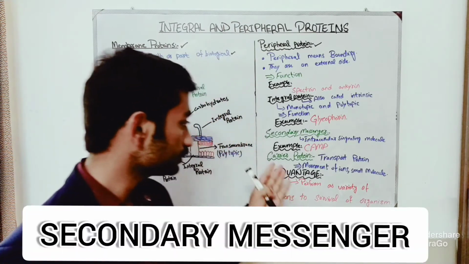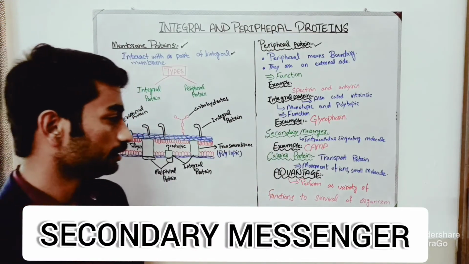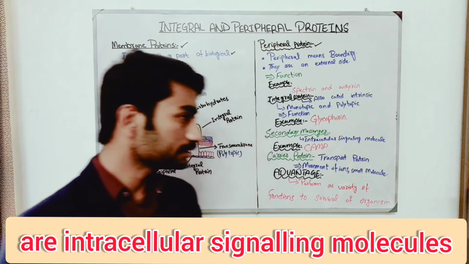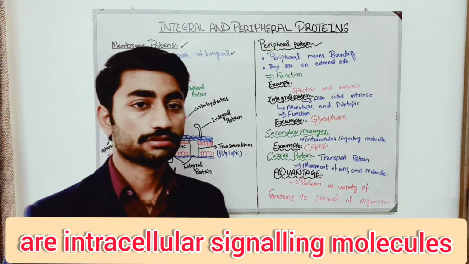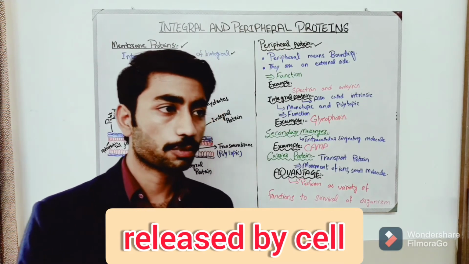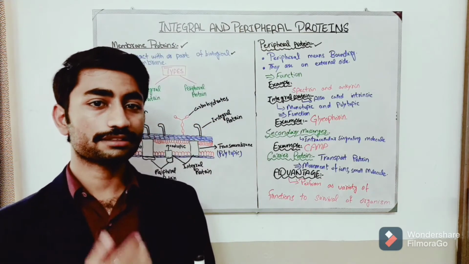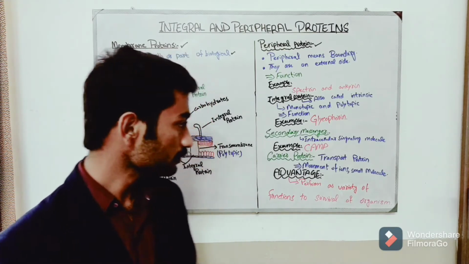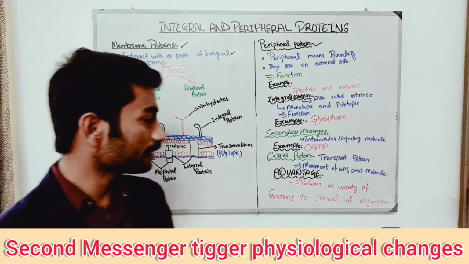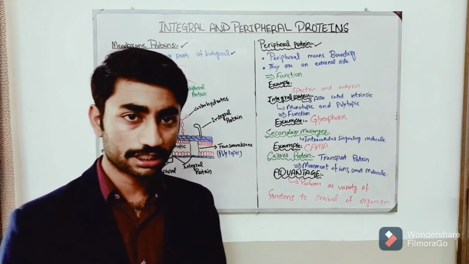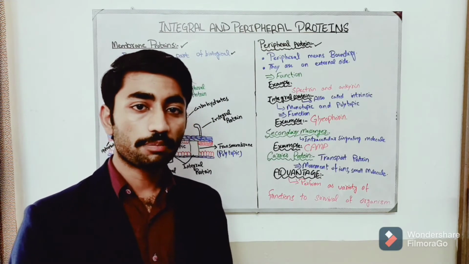Next, we discuss secondary messenger. Secondary messengers are intracellular signaling molecules. They are released by the cells in response to exposure to extracellular signaling molecules, the first messenger. The second messenger triggers physiological changes like proliferation, differentiation, apoptosis.